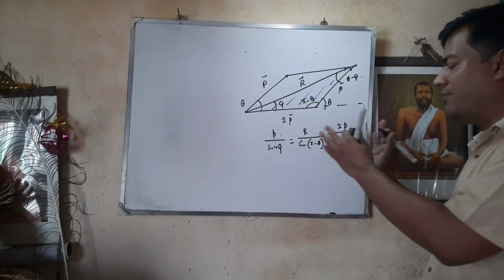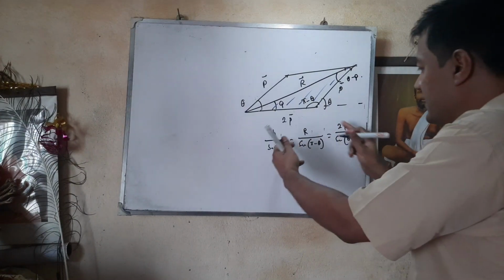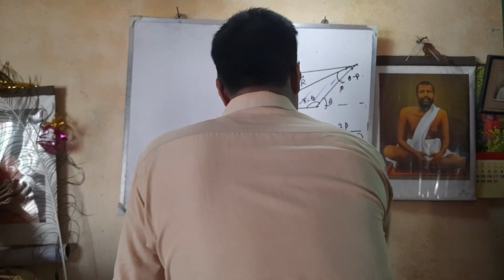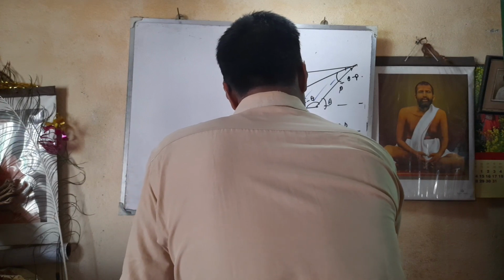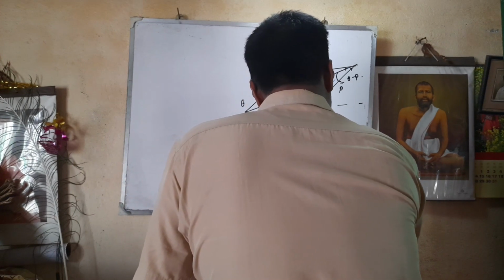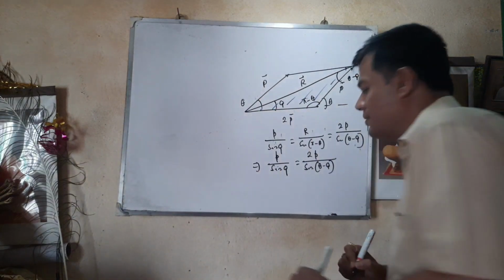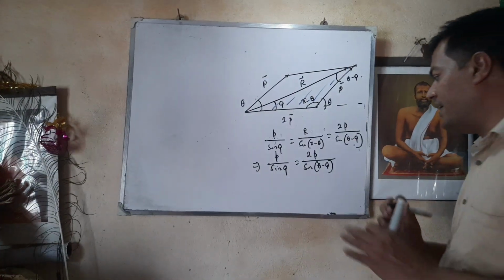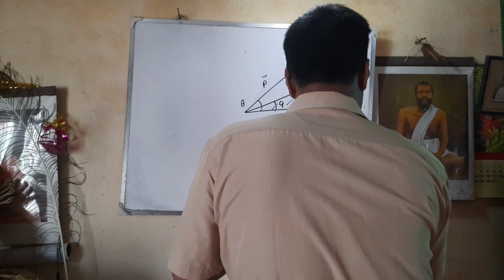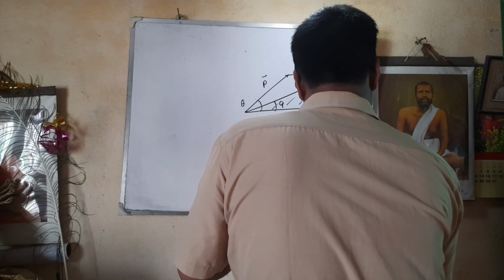I have written it in scalar form. Now, using these two ratios, P by sine phi equals 2P by sine of theta minus phi. Let theta minus phi be another angle, say phi dash, so that it is 2P by sine phi dash.